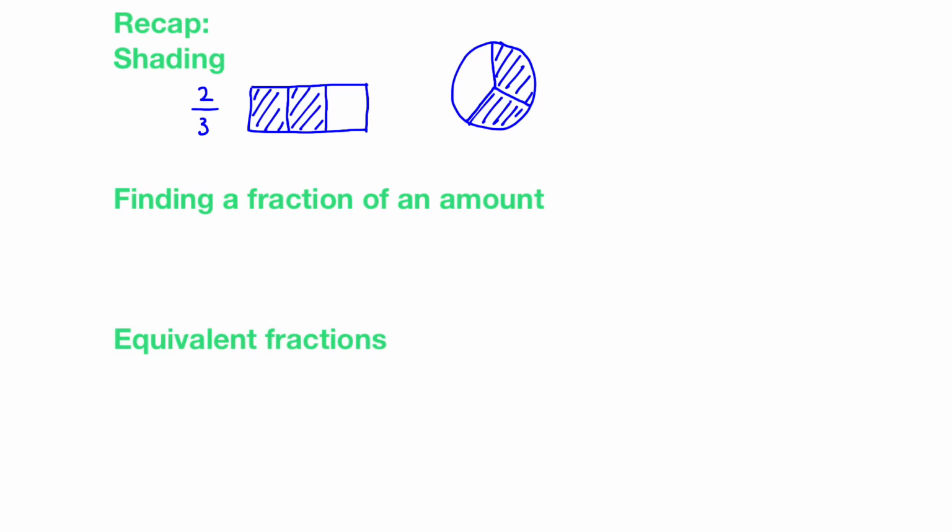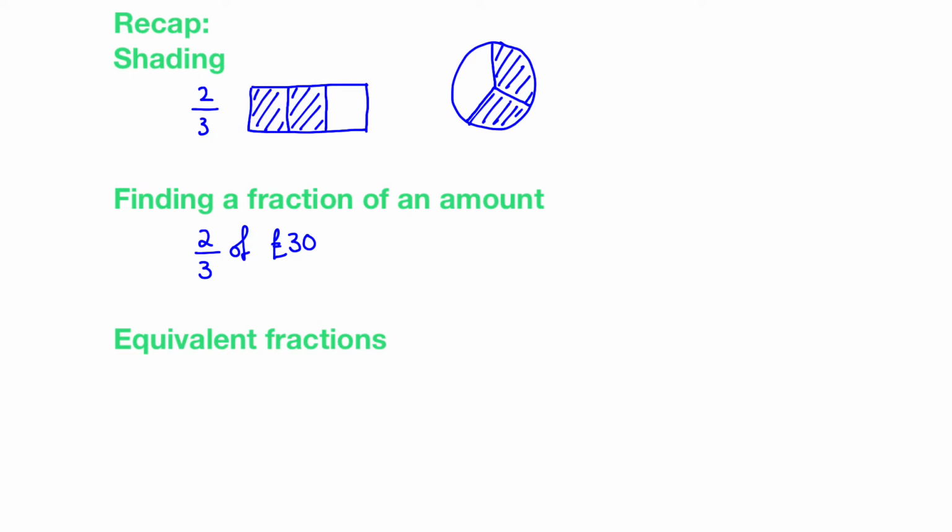Another thing that we looked at was finding a fraction of an amount. So let's stick with 2/3 and find 2/3 of £30. If we're finding a fraction of an amount, it means we need to split our amount in the same way as we were splitting our shape here. What we did here to shade 2/3 was we split our shape into 3 equal pieces and then we chose 2 of them.